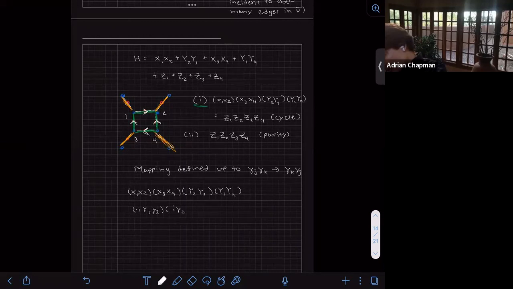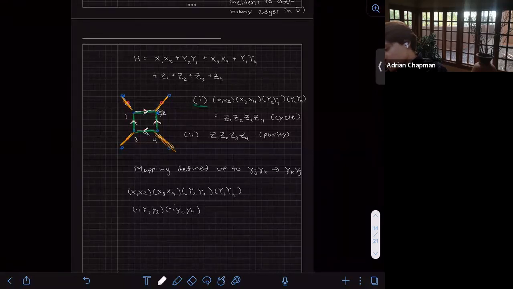So i gamma 2, gamma 4, it's going up. Then y2, y3, which here was the, all right. No, I believe I made the first term wrong. Oh no, that's right. Sorry, thank you. You're right. This is 2, 4. So that's minus i. The arrow goes down. So it's gamma 2, gamma 4. Y2, Y3.